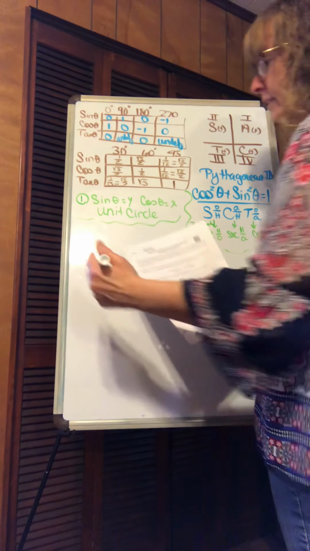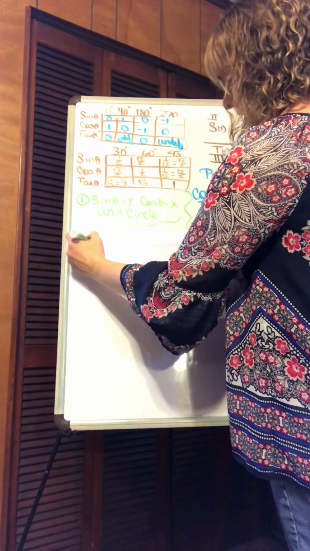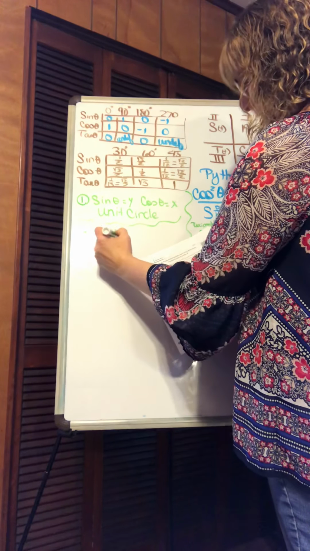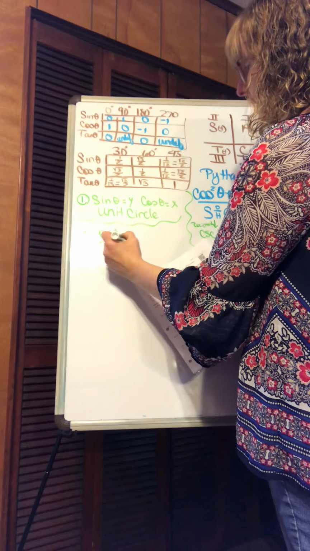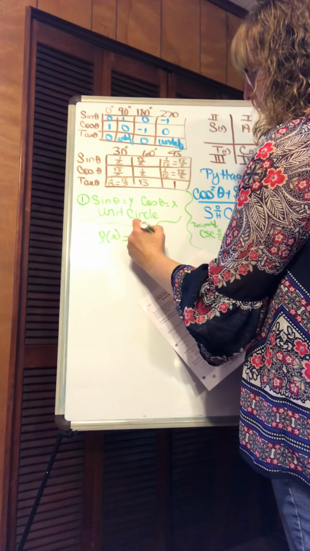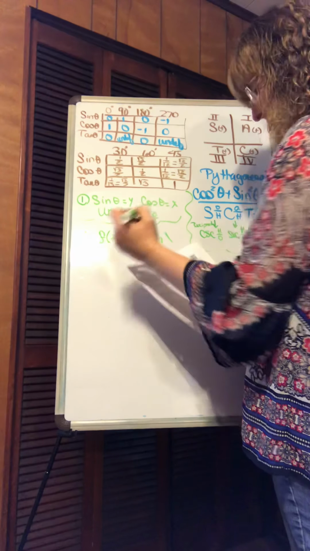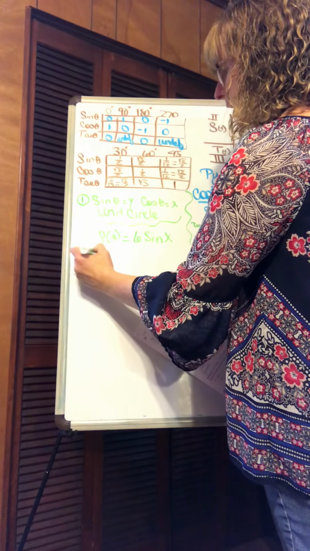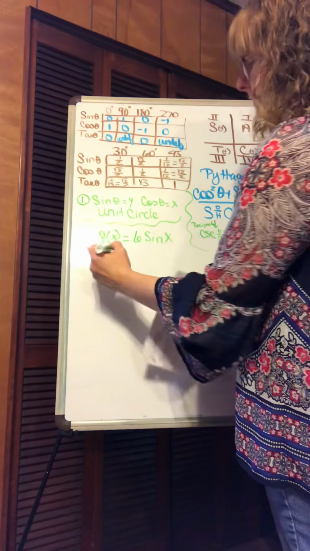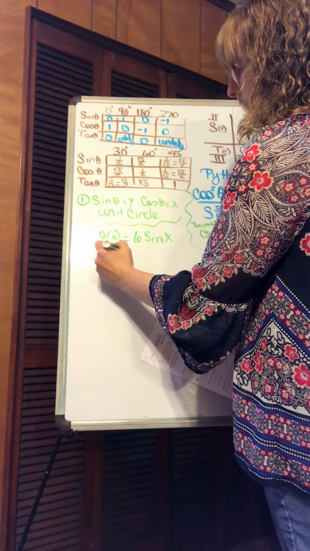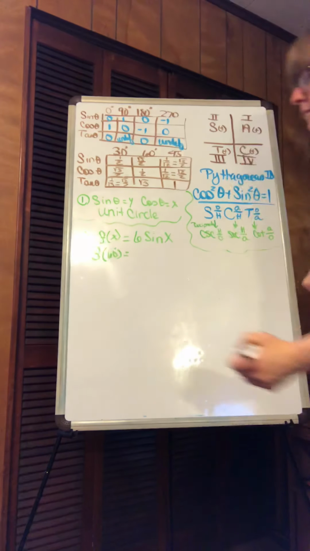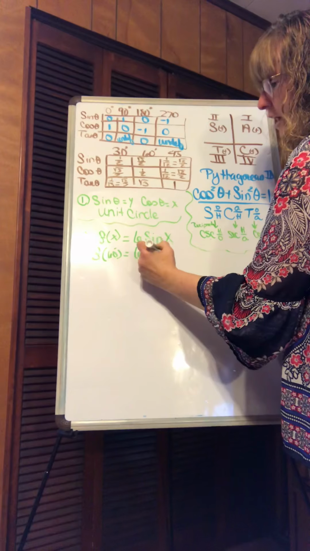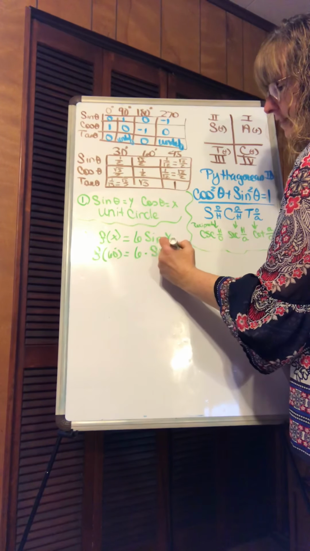It says, given the function f of x is equal to 6 sine of x, find first, please, the function at 60 degrees. Well, this means 6 times the sine of 60 degrees.